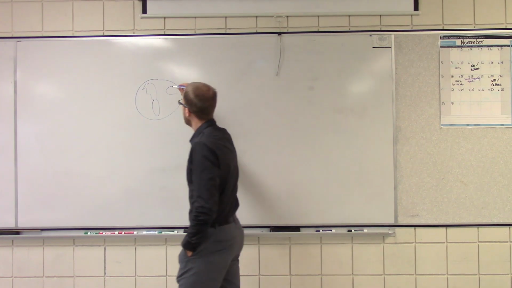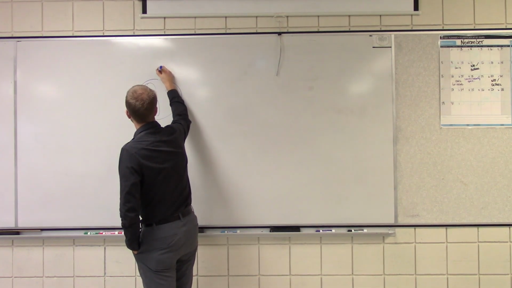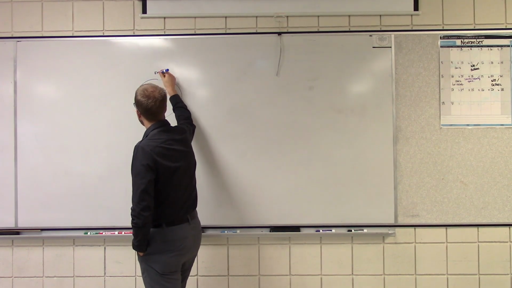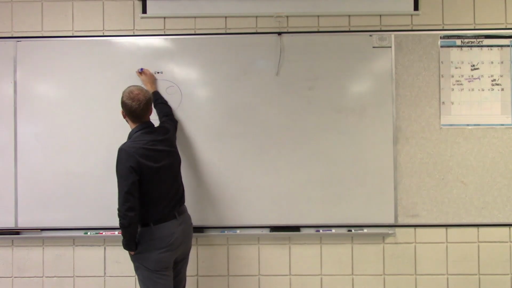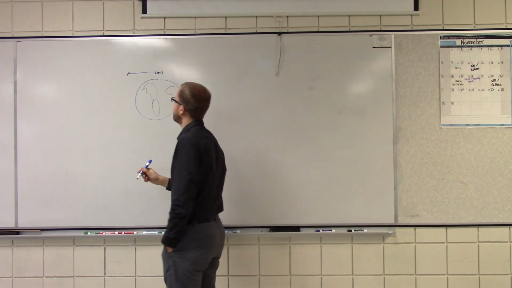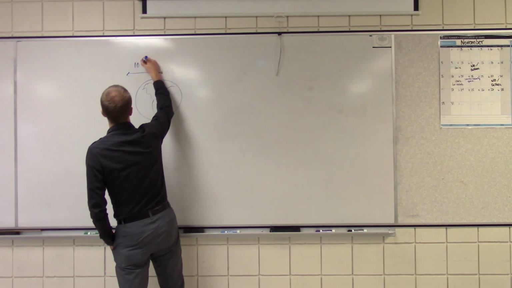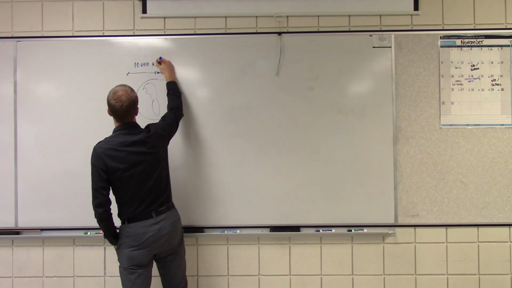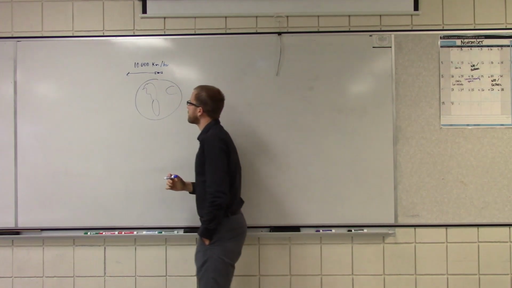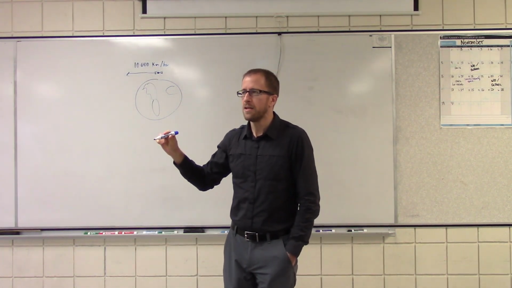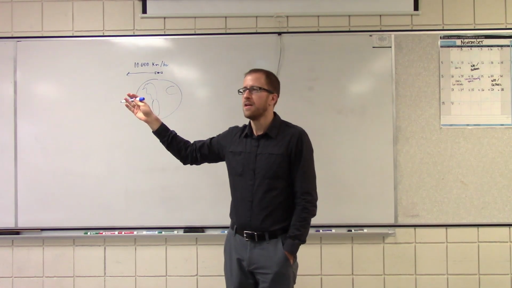Yeah, that's right. So if I have an object here, here's my satellite. We're going to give it some solar panels. And my satellite, we're going to say, is traveling in this direction at, I don't know, let's say 10,000 kilometers an hour. Now, the reason it doesn't shoot off into space is because you're right.